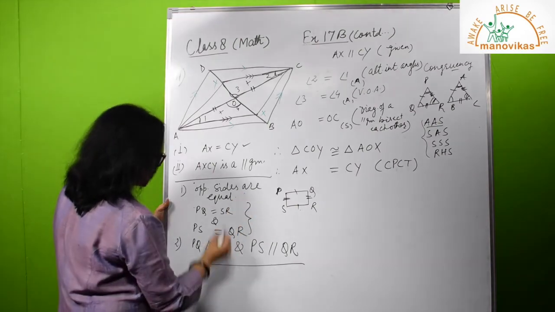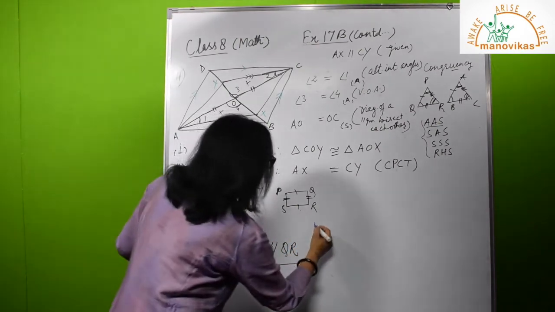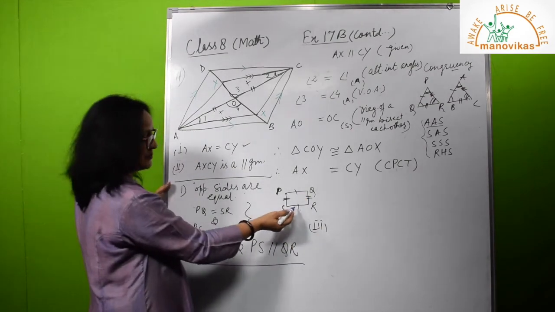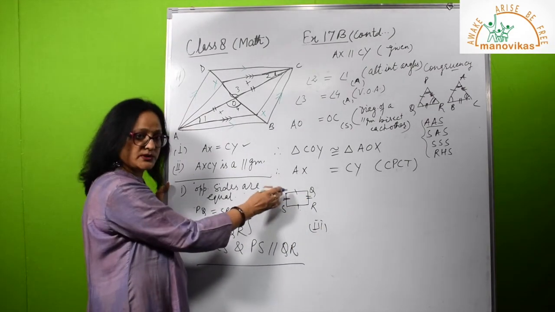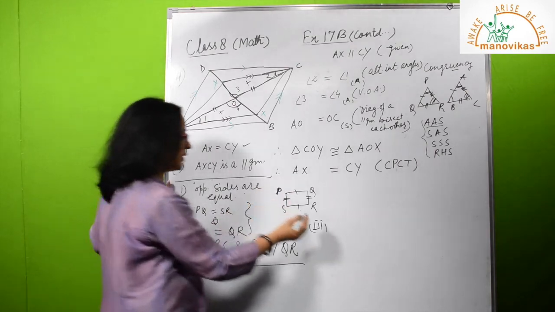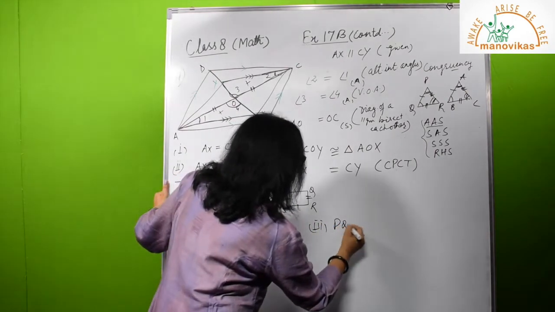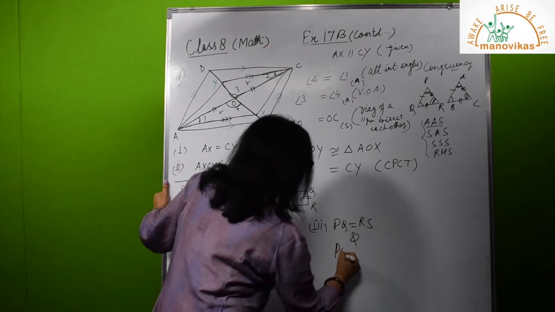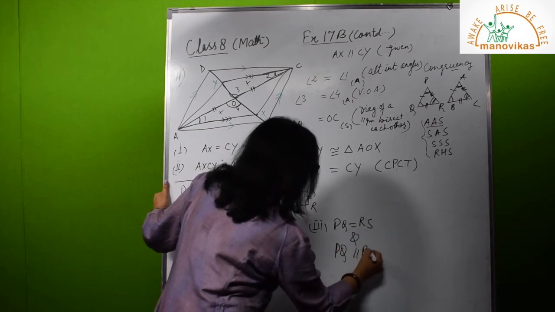Or the third condition is one side is parallel and equal, the same pair is parallel and equal, meaning PQ is equal to RS and PQ is parallel to RS.